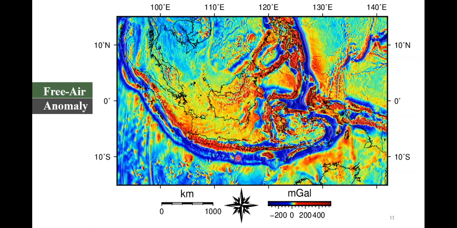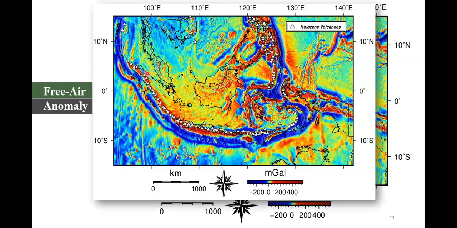So it is very clear the forearc in front of this trench, as well as the volcanic arc that is generated because of the subducting slab. As we can see here, the volcanoes correlate very well with the high positive gravity anomaly.